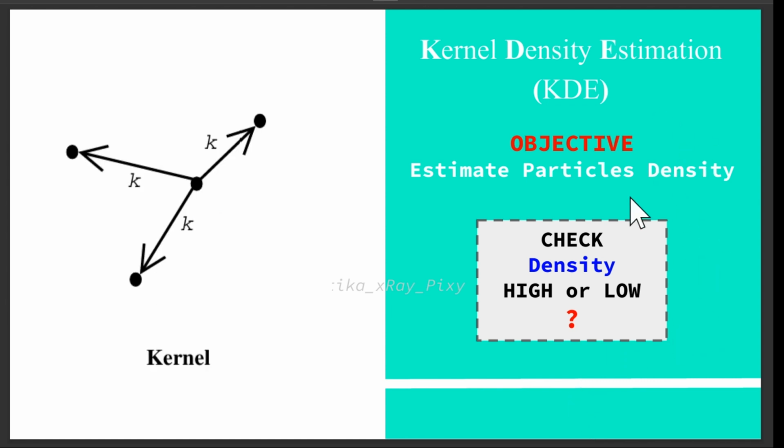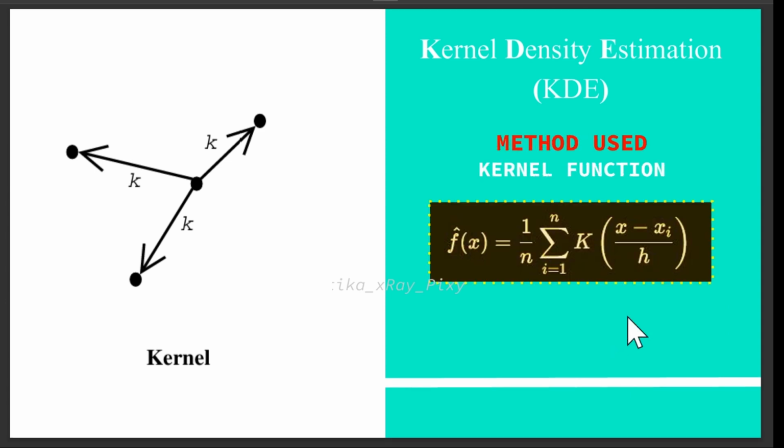This is a non-parametric way we can use to estimate the probability density function of a random variable. The objective here is to estimate the density of particles in search space to identify regions with high and low concentration of particles.